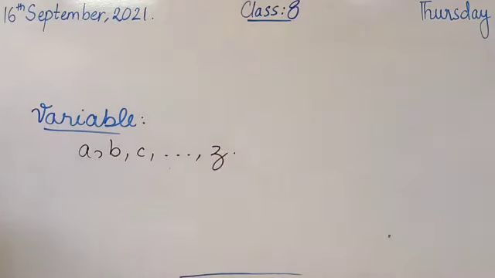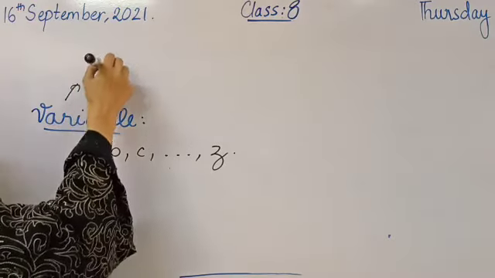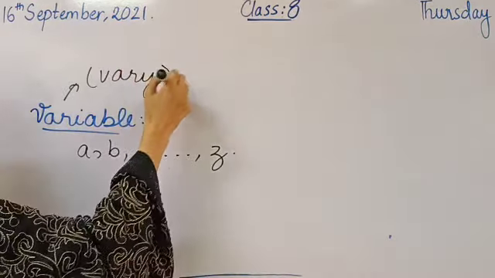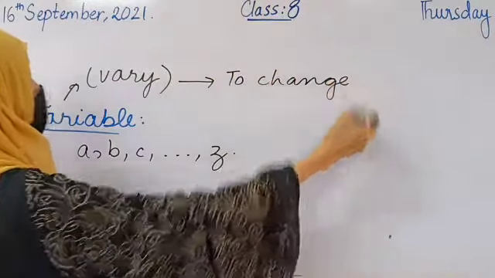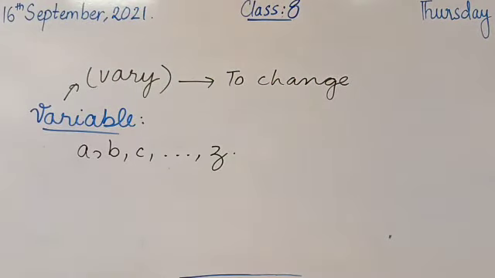Good, but how will you define a variable? The word variable is derived from the word vary. It means to change. So, a variable is a symbol that represents a quantity the value of which is not known.